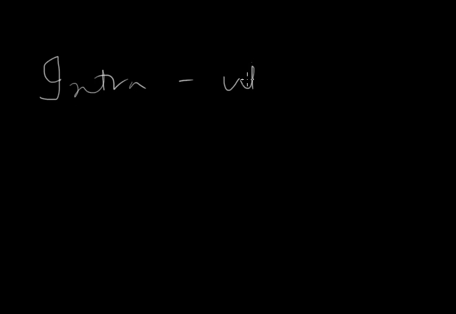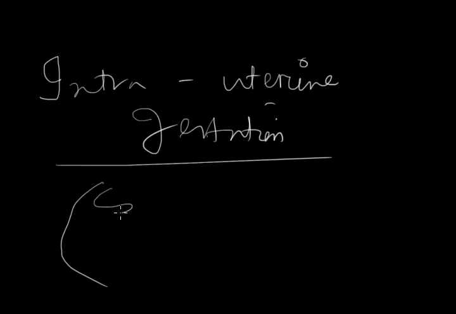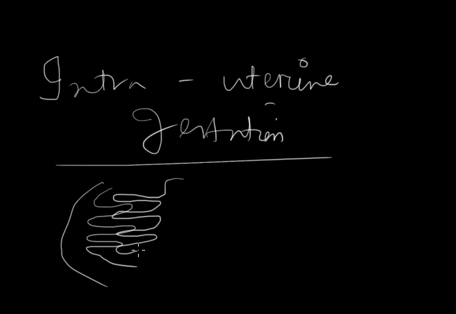As soon as the development of the fetus starts, it starts with the concept of intrauterine gestation. During this period of pregnancy, the baby completely supports its growth within the uterine endometrium. So this is the maternal part and this is the fetal part supporting the birth of the baby through this placental connection.